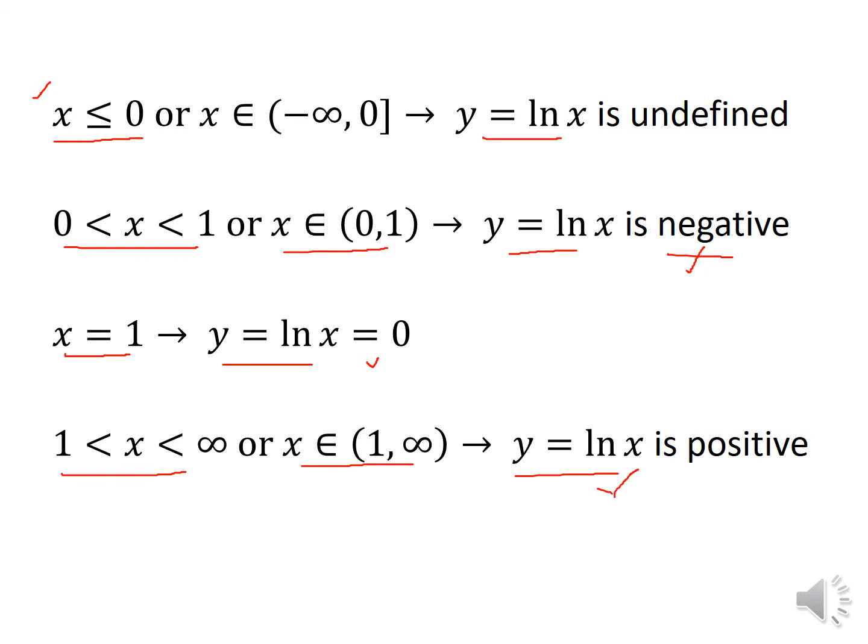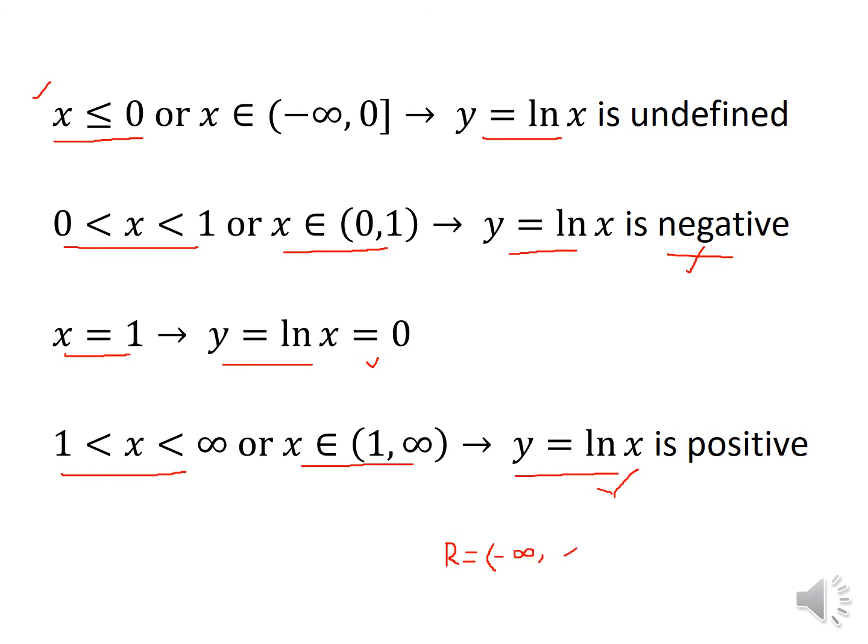So from here we see that the y equal to ln x function can take any values when x is greater than 0. So for this region, the range of the function y equal to ln x will be negative infinity to positive infinity.